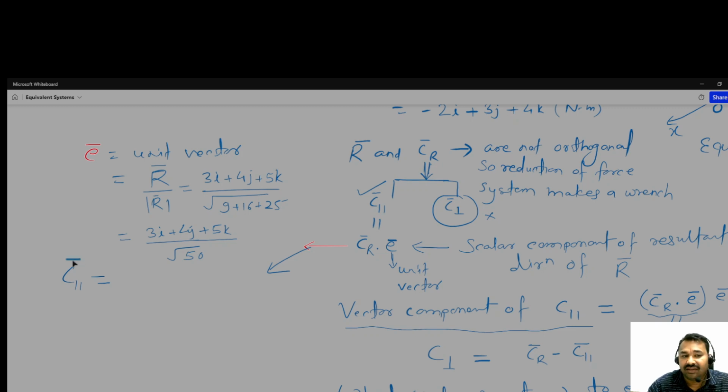As it is a scalar, we have to remove the bar. So it is equal to the CR vector multiplied by the unit vector. CR is given as minus 2i plus 3j plus 4k, and it is multiplied by the unit vector 3i plus 4j plus 5k divided by the square root of 50.